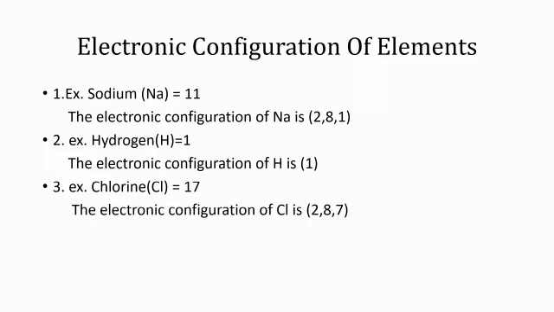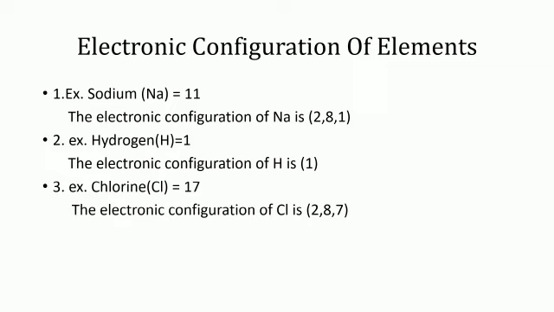So out of the remaining 9 electrons, we will add 8 electrons in the L shell. Now only 1 electron is remaining. In the M shell, 18 electrons can be added. So the remaining 1 electron will be added in the M shell. Hence the electronic configuration of sodium is 2, 8, 1.